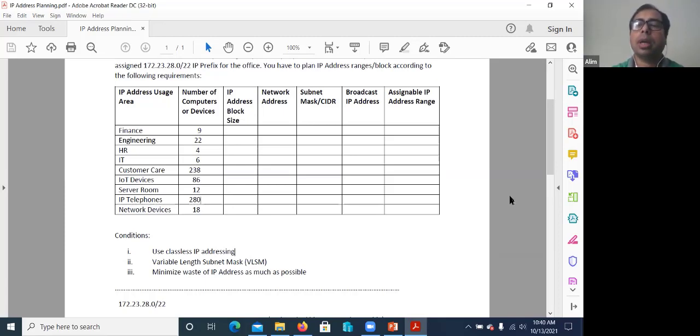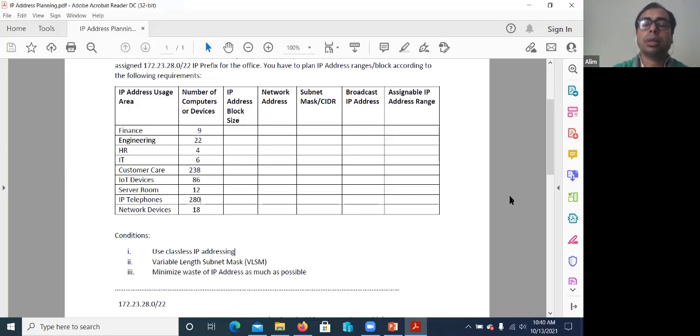Okay, our total length of IP address is 32 bits. So from 8 bits to 32, we can use anywhere. For example, it can be 22, it can be 30, 28, 29, even 30, even 31.